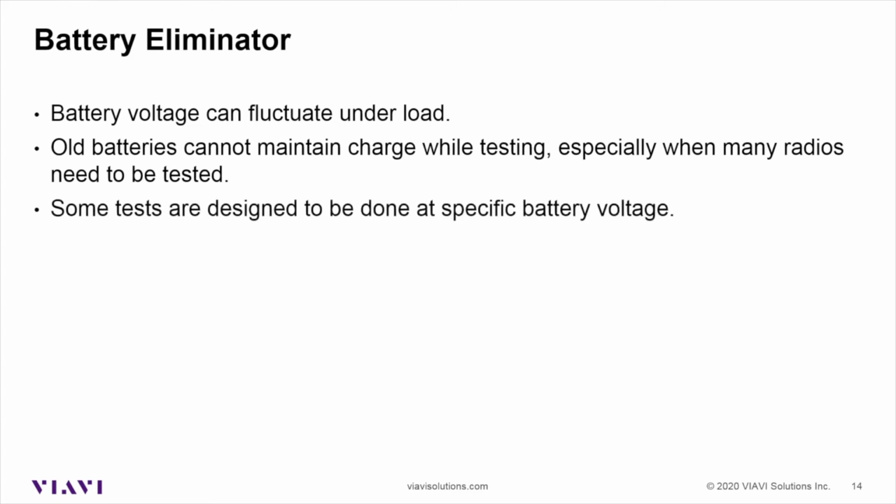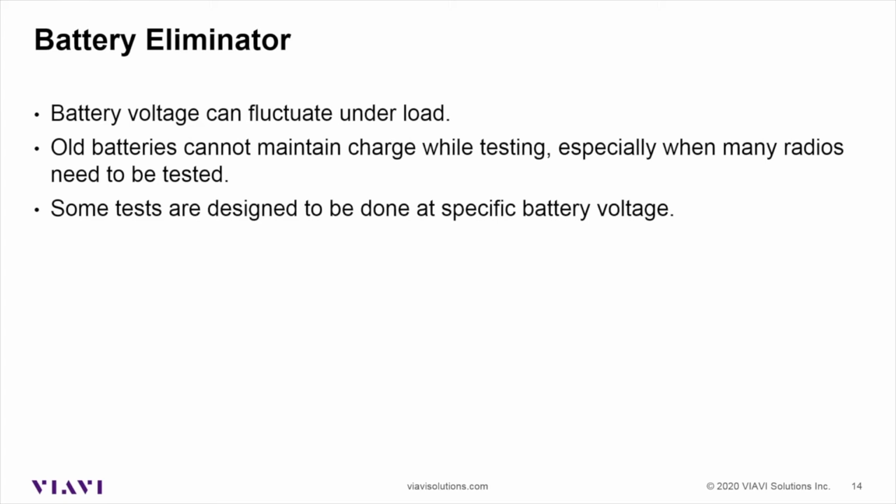Another issue we've seen is that the alignments and tests sometimes have to be done at a specific voltage, and even a fully charged battery may not be that specific voltage. In one case that I know of, the battery voltage when it was fully charged was above that voltage, and it actually caused failures. So we had a DMR radio.